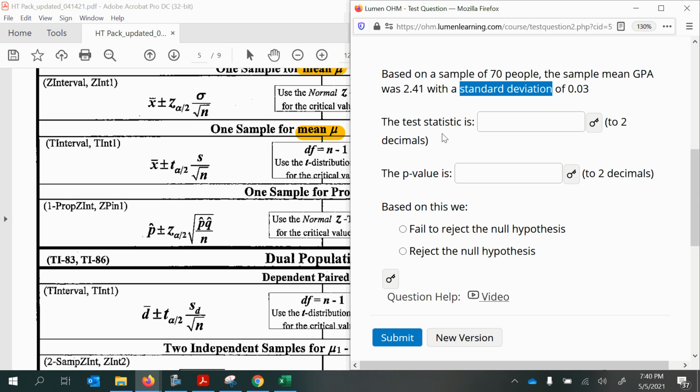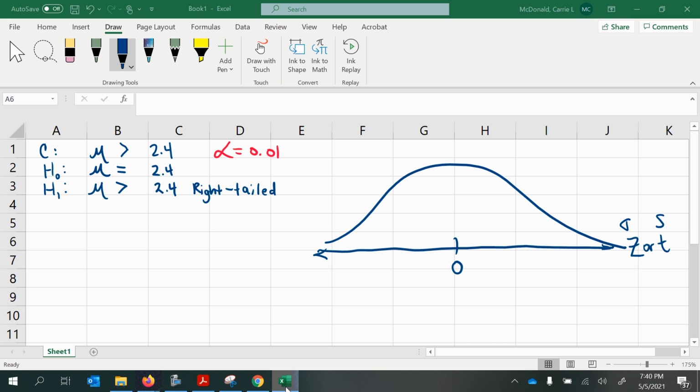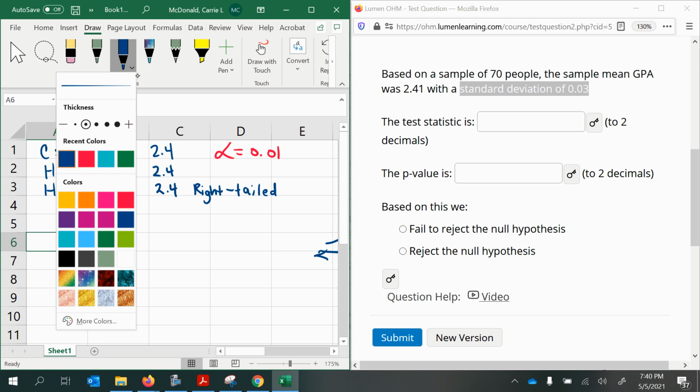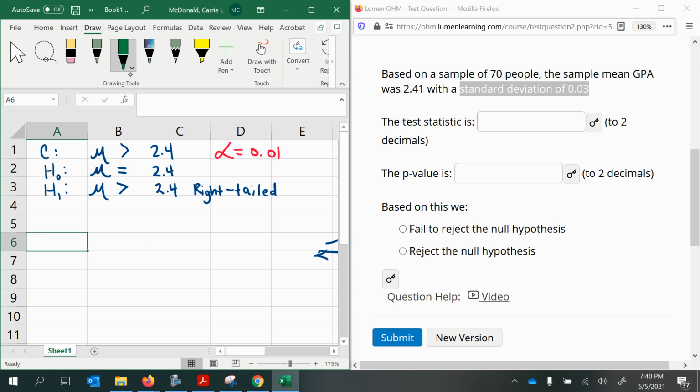How do I know that? Because it says based on a sample, and then it goes on to give us the statistics for that sample. The statistics are a sample size of 70, a sample mean of 2.41, and a sample standard deviation of 0.03. When gathering our information here, I always use green for sample statistics.